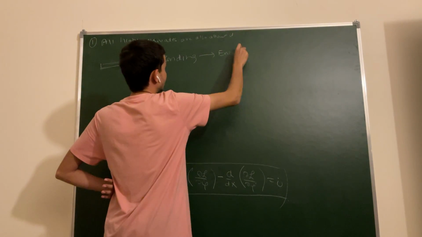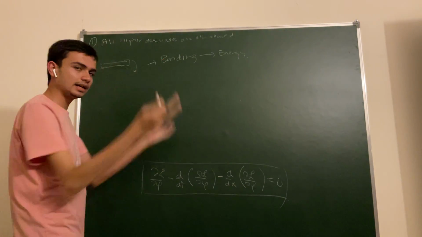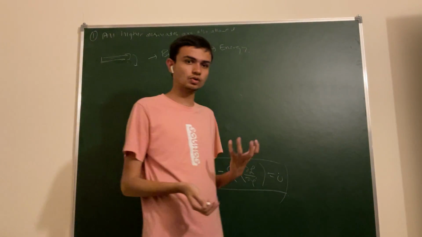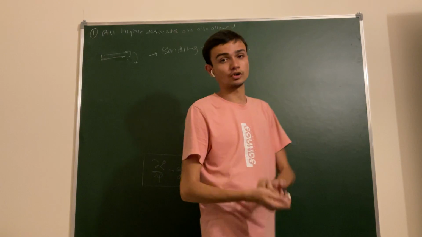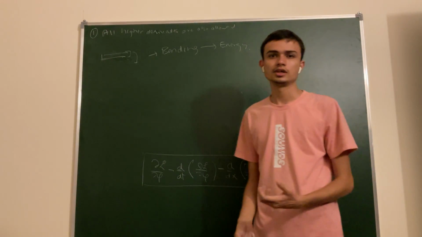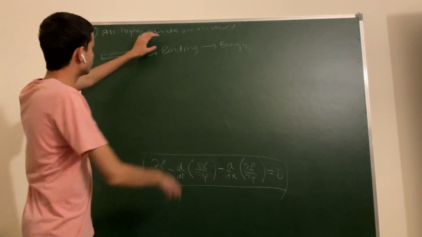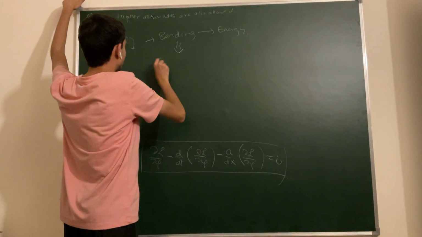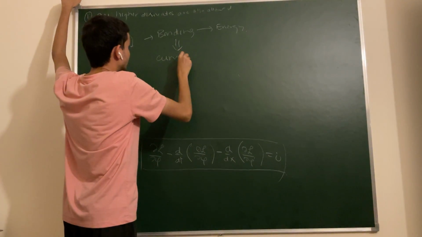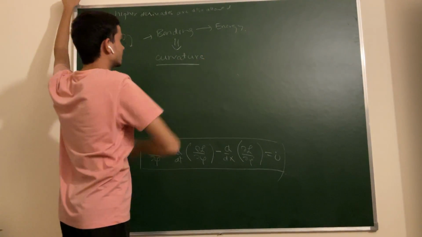Some sort of energy gets stored, so that as soon as you remove your hand or the applied force, it gets restored back into its original position. Bending has something to do with the curvature.